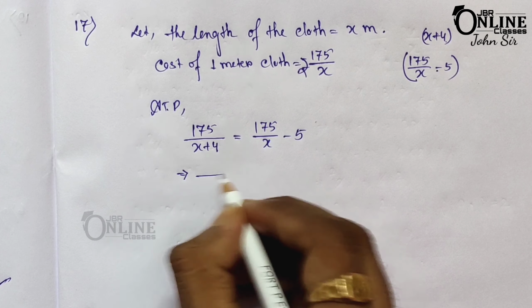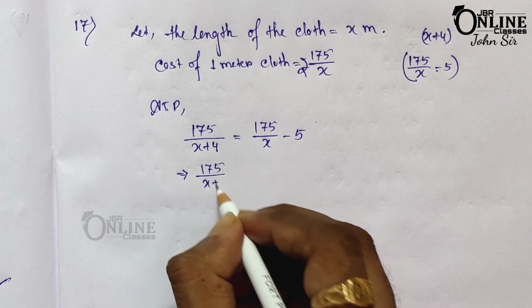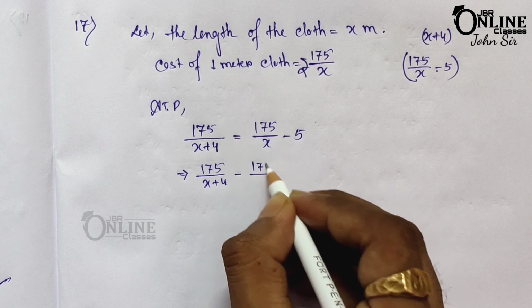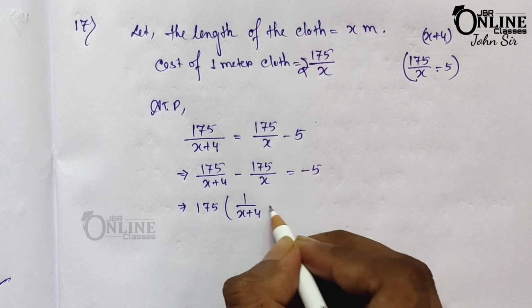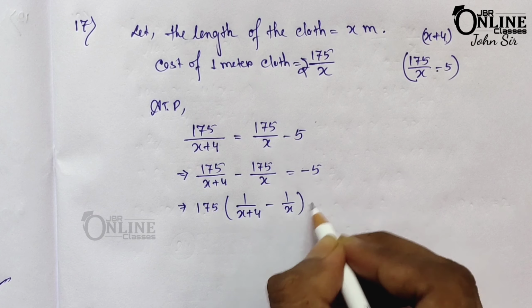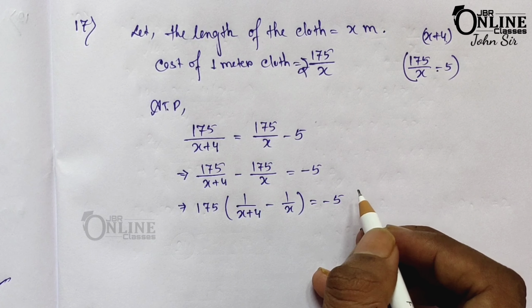From that, 175 by x plus 4 minus 175 by x equals minus 5. As 175 is common, here 1 by x plus 4 minus 1 by x equals minus 5 divided by 175, which becomes minus 1 by 35.